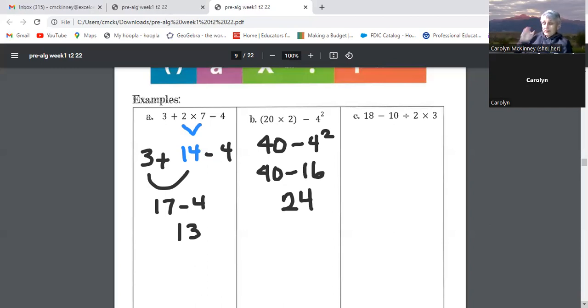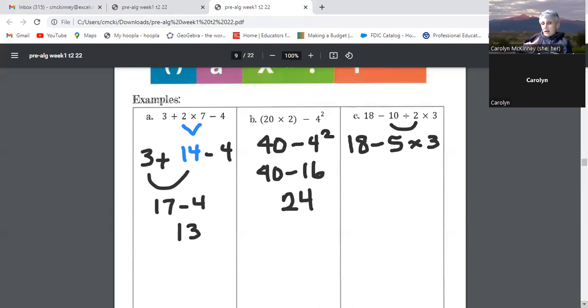It's just going to have to wait because adding and subtracting don't come until the very end. So 18 minus is just going to kind of hang out and wait. The first thing that's going to happen is 10 divided by 2. And then times 3 is going to come down and wait.